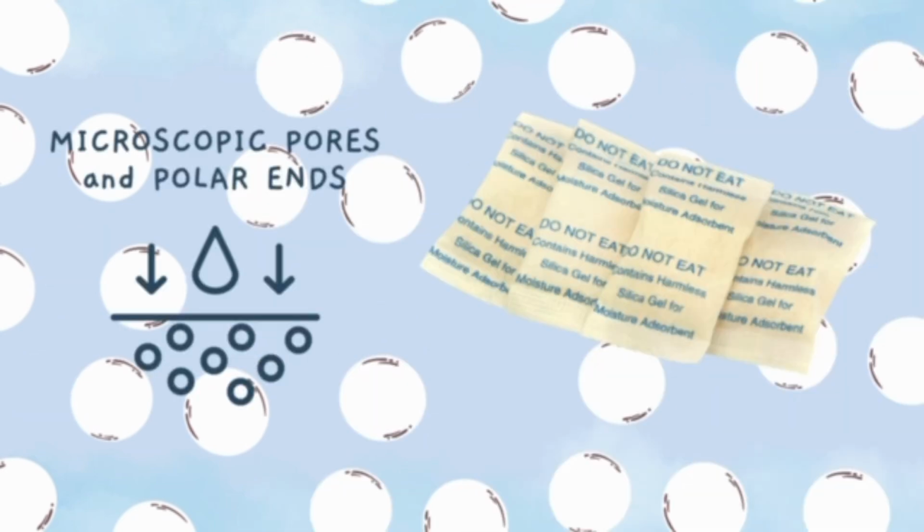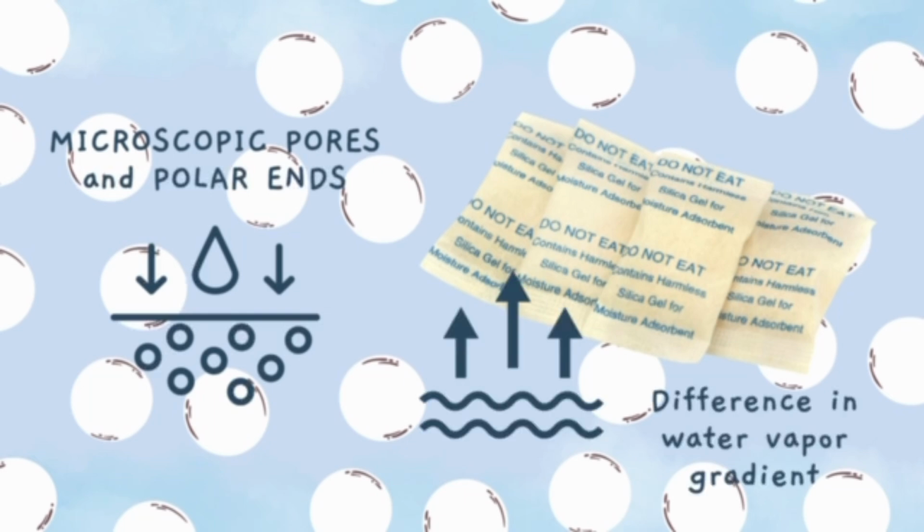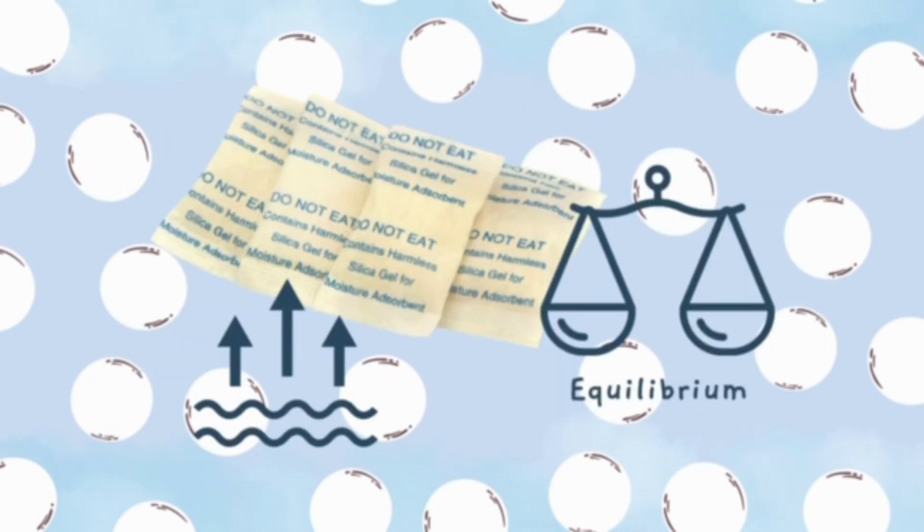For that reason, the combination of the microscopic pores and polar ends of silica gel allows it to absorb and store moisture. The particular reason for this is the difference of water vapor gradient between the surrounding environment and the microcavities in silica gel. The water vapor pressure inside the cavities in silica gel is lower than the surrounding environment.